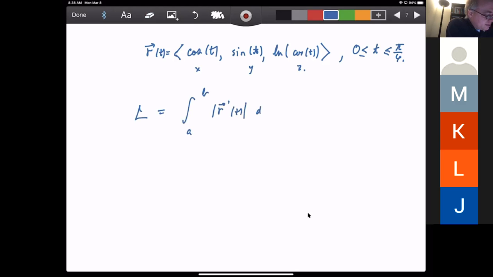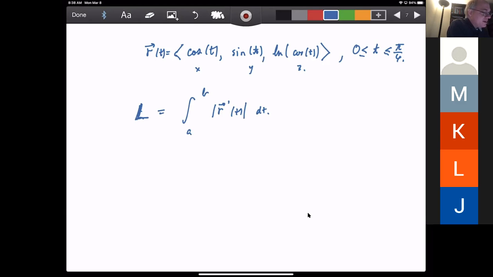the magnitude of r prime of t. So if you think in physics terms, you have a particle moving with velocity r prime; the length of this velocity vector is the speed.